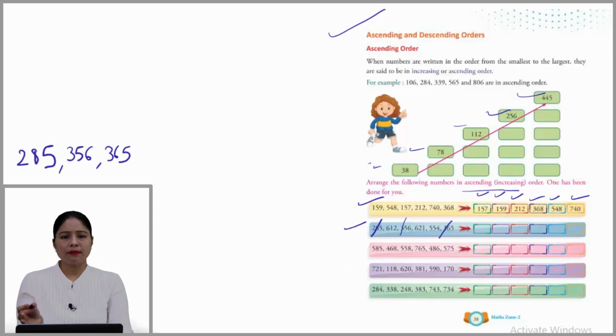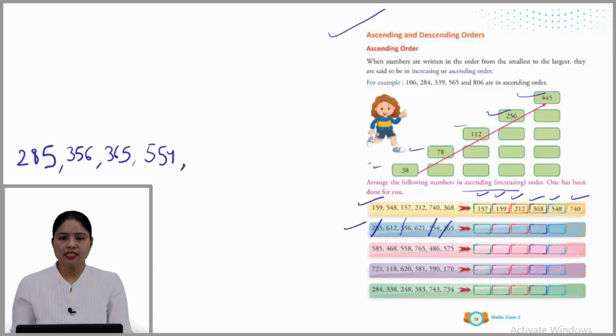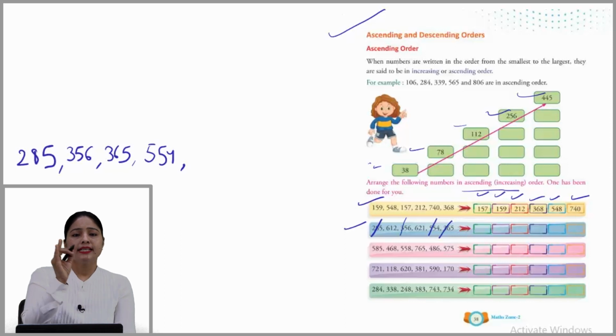Okay, उसके बाद हमारा आता है 554. So write it, 554. Then cut it from the list. So now two numbers remain. So अब हमारा कौन सा बड़ा है? 621 बचा और 612 बचा.